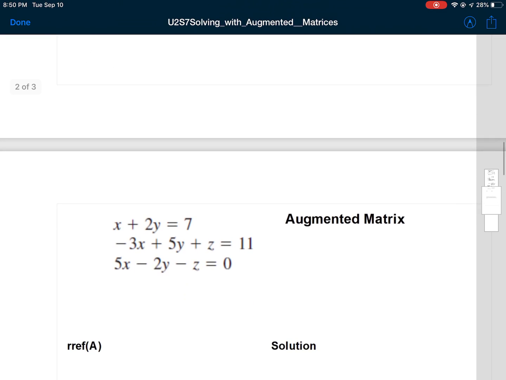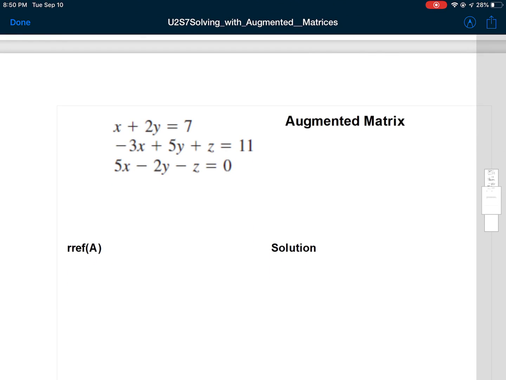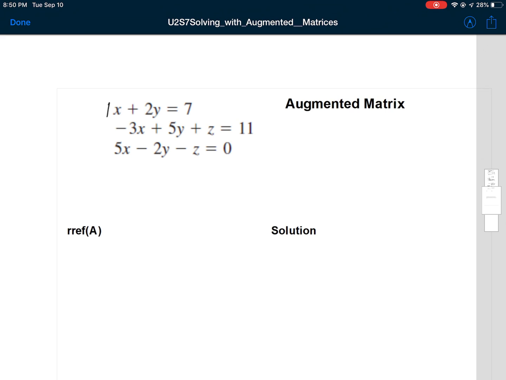Another situation you might run into is like this one. In the first equation I've got 1, 2, but there's no z, and I need a number to hold its place. So I'll put a 0, and then 7. Then the rest: -3, 5, 1, 11, 5, -2, -1, and 0.